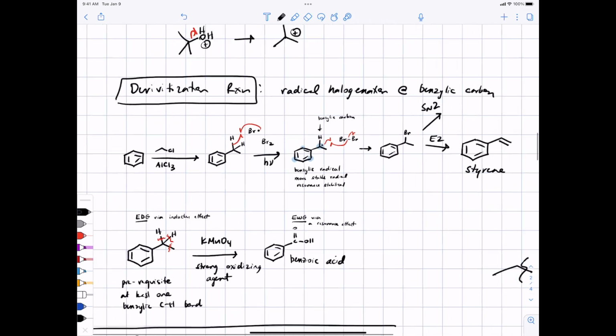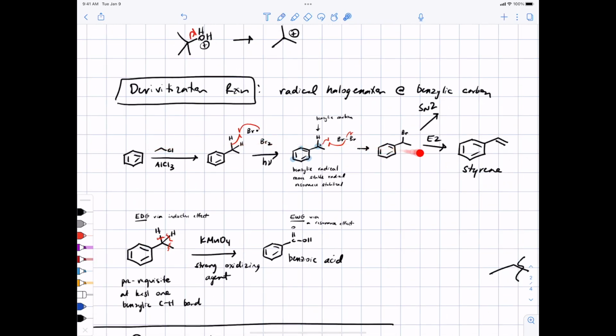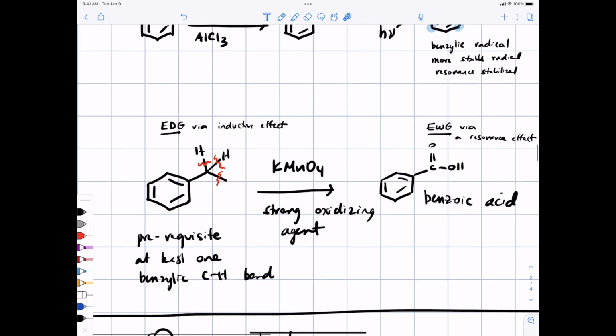Again, the radical halogenation was a way we can convert the alkyl benzene into something with a good leaving group on it, and then we can do any number of things to that good leaving group. The KMnO4 oxidation was a way of converting a donating group into a withdrawing group. That will become useful in a little bit.